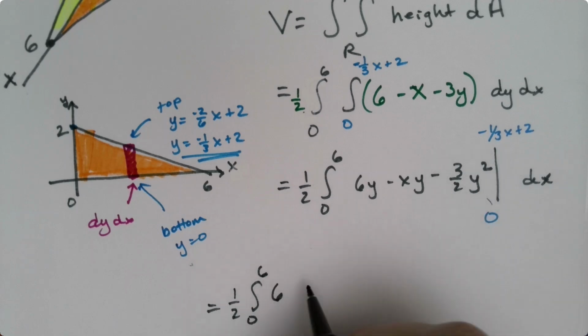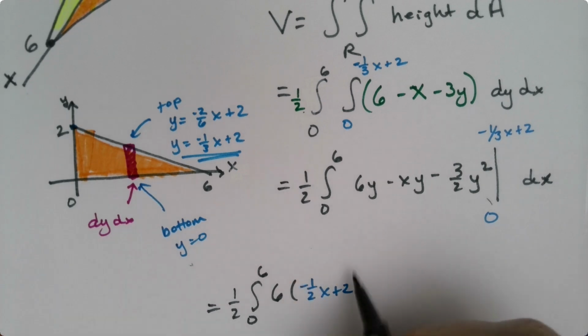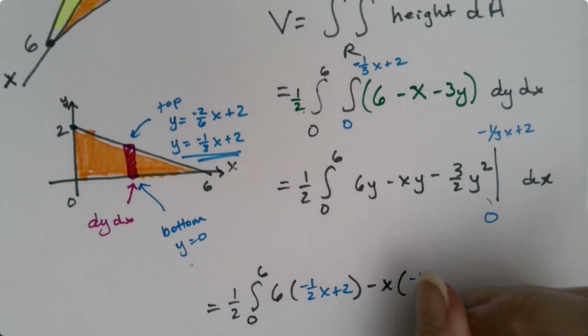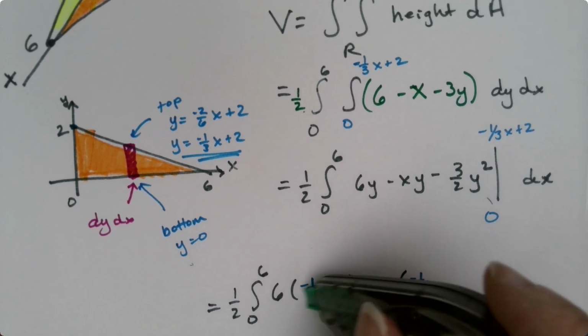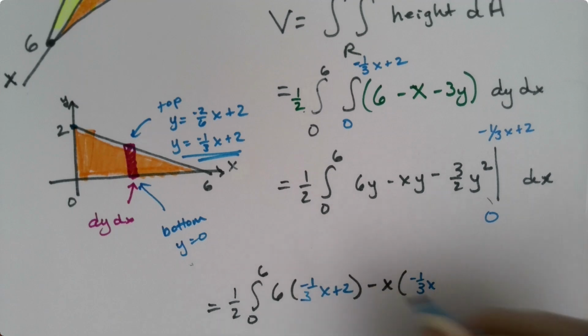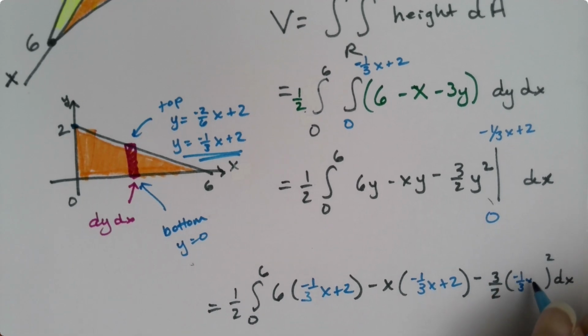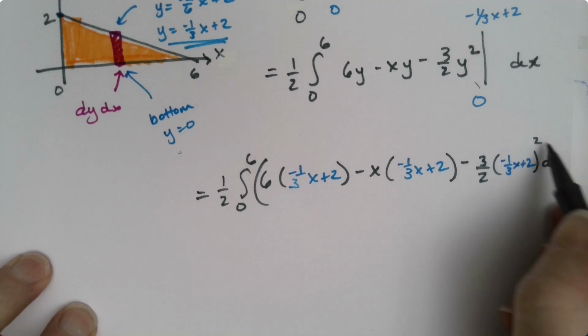Okay, 6 times negative 1/3 x plus 2, minus x times negative 1/3 x plus 2. I don't know why I wrote a half there. It's a third. I apparently can't read my own writing. And then minus 3/2 times negative 1/3 x plus 2. All of that is in our integrand.